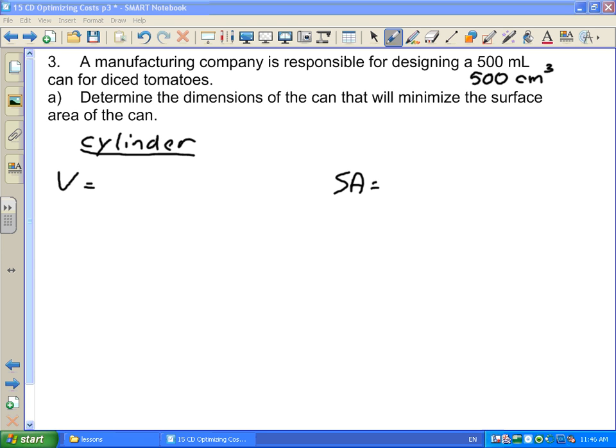So what's the volume of the cylinder? Pi r squared h, right. Area of the base, pi r squared, because the base is a circle, times the height. And our surface area is going to be 2 pi r squared plus 2 pi r h.